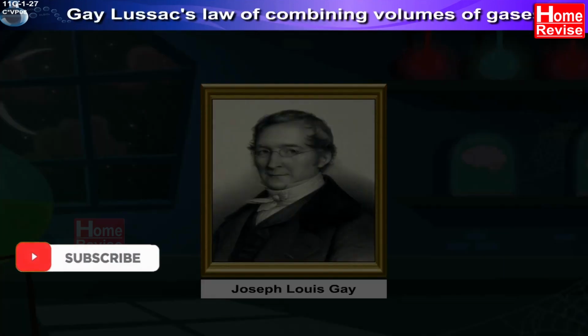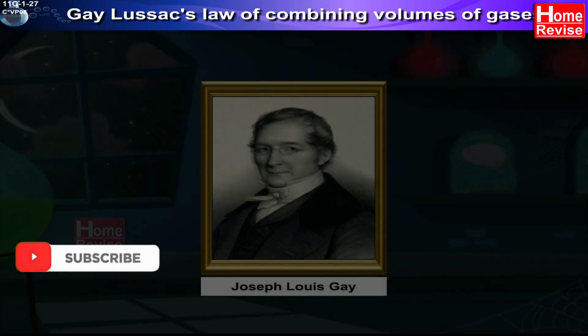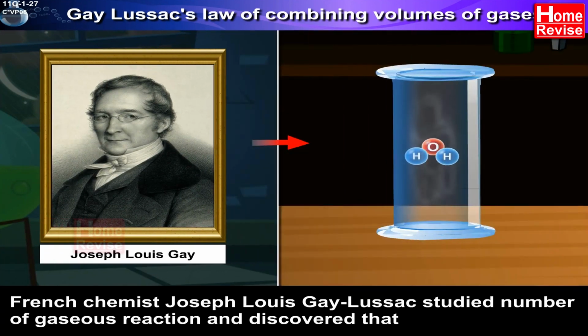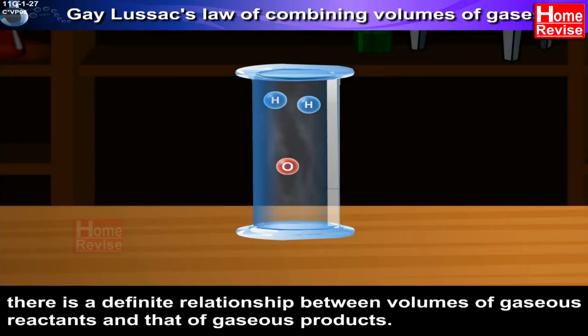Gay-Lussac's law of combining volumes of gases. French chemist Joseph Louis Gay-Lussac studied a number of gaseous reactions and discovered that there is a definite relationship between volumes of gaseous reactants and that of gaseous products.